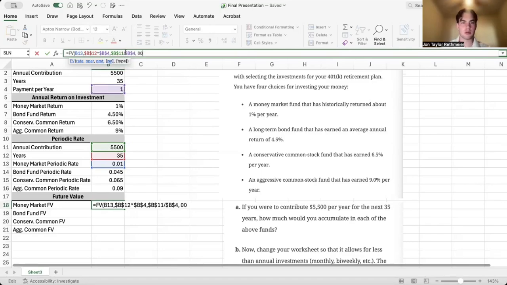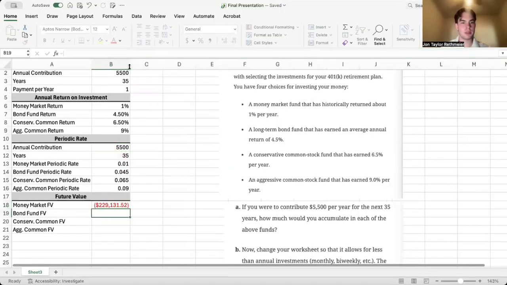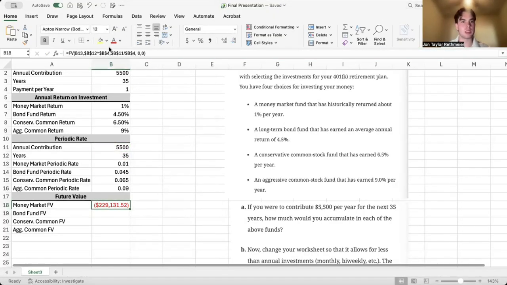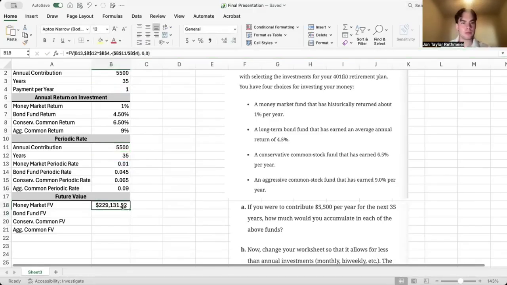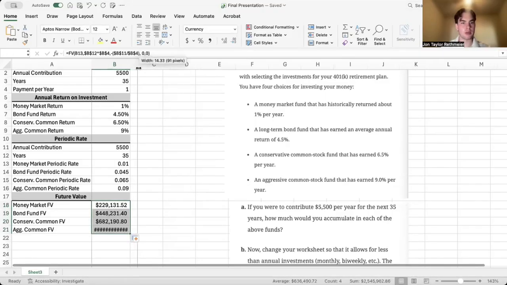And then we have 0 for the present value and then 0 period. Oh, and then we also need to make this a negative, so it's not a negative future value. Drag this down and we should get it correct.